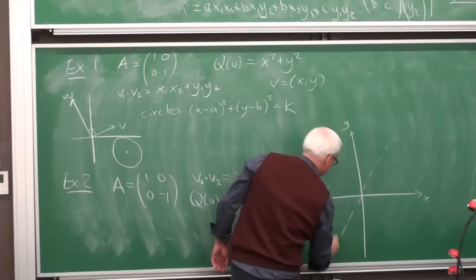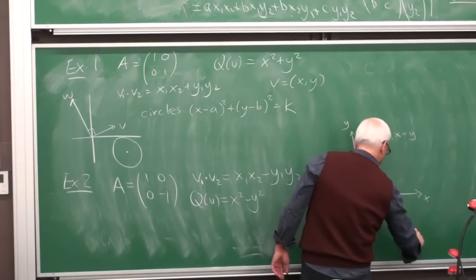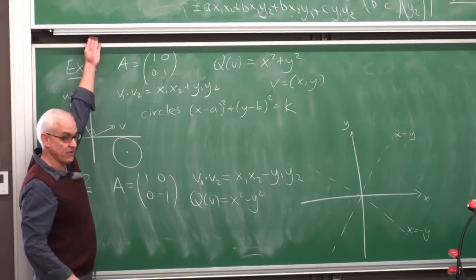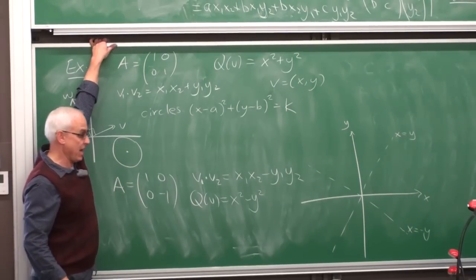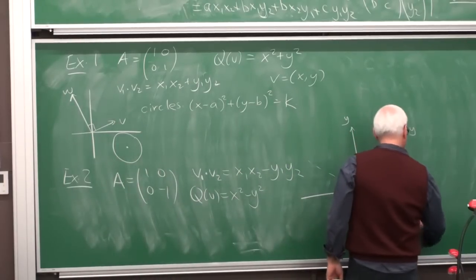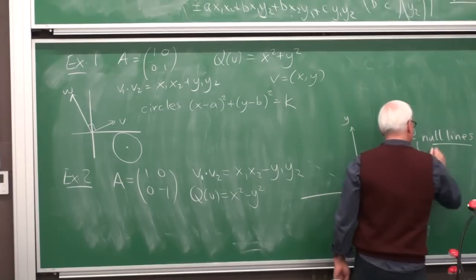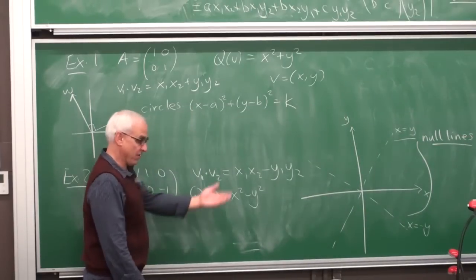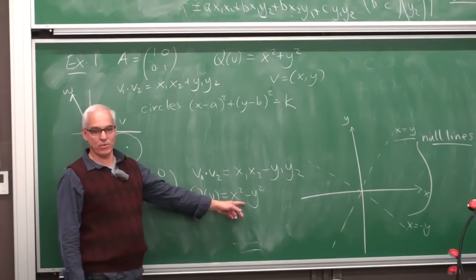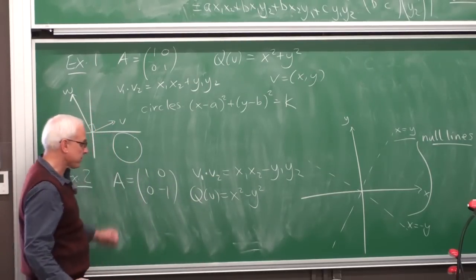Well, first of all, we have to draw these special lines: the lines x equals y and x equals minus y. These are the lines of null vectors. So now any vector on these lines is null. For example, if you have a vector (1, 1), then its quadratic form will be 1 minus 1, which is 0.